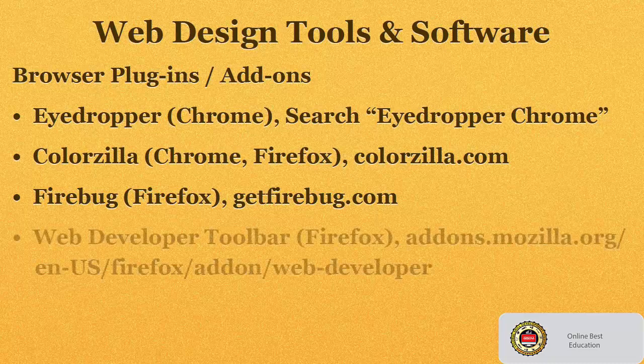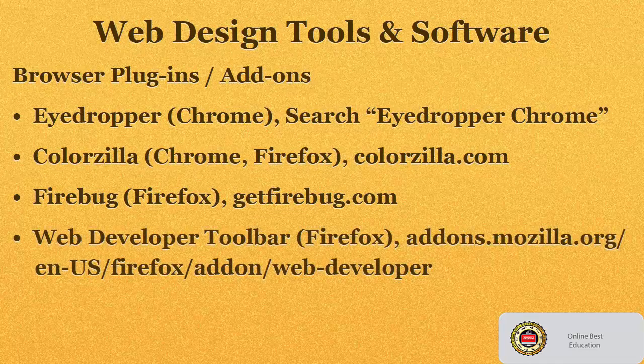Very, very handy. Okay? And then last but not least, and I got to recommend this one as well. This is another one that I use. This is the Web Developer Toolbar specifically for Firefox. The URL is crazy long, but I stuck it in there for you anyway. addons.mozilla.org/en-us/Firefox/addon/web-developer. And you'll find the Web Developer Toolbar. So go and find these guys and install them into your browsers.